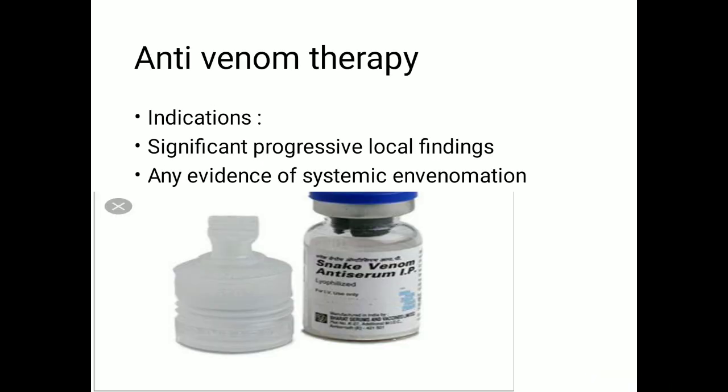The mainstay of treatment of venomous snake bite resulting in significant envenomation is the prompt administration of specific antivenoms. So what are these antivenoms, and how are they produced?